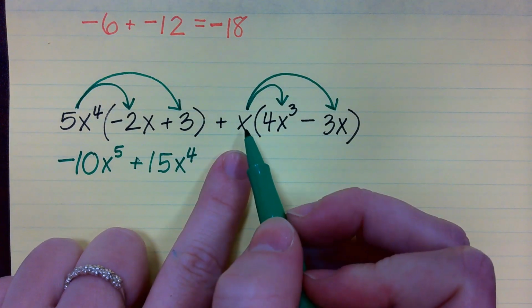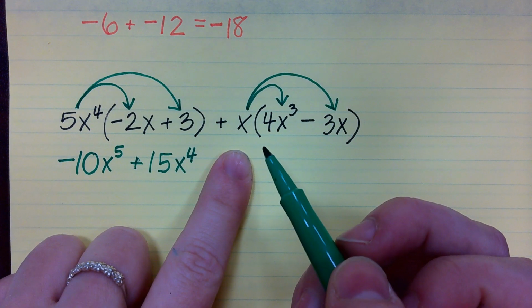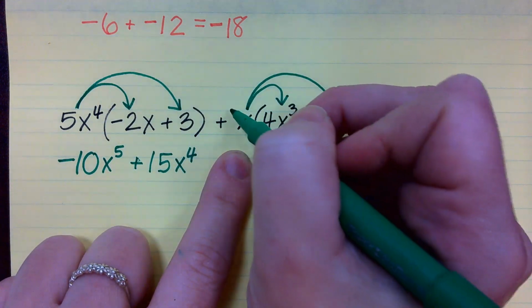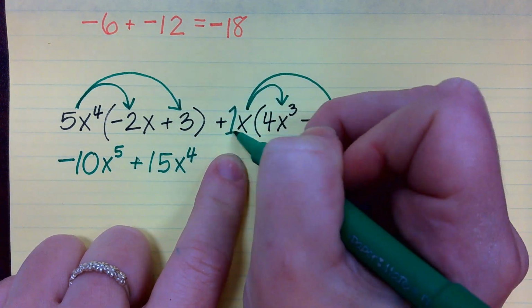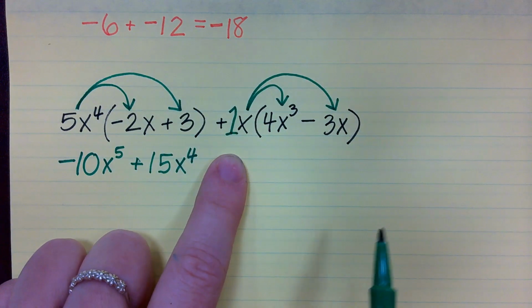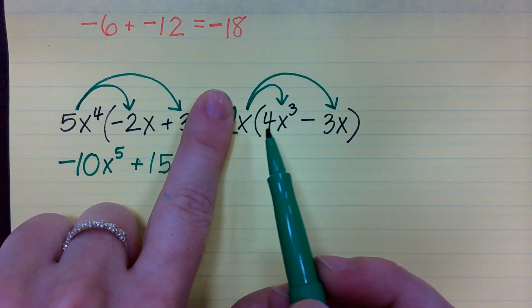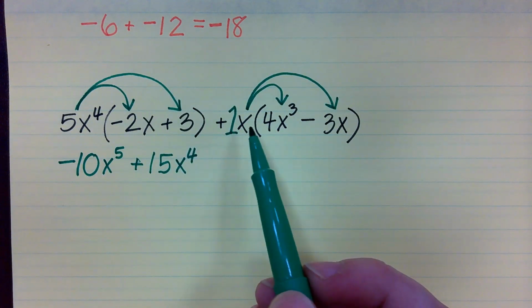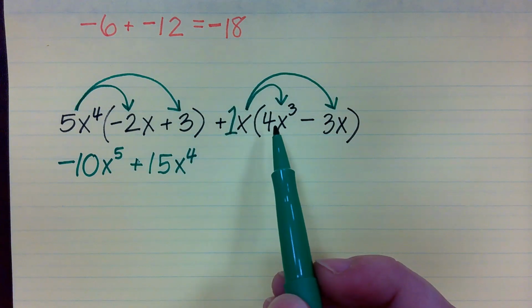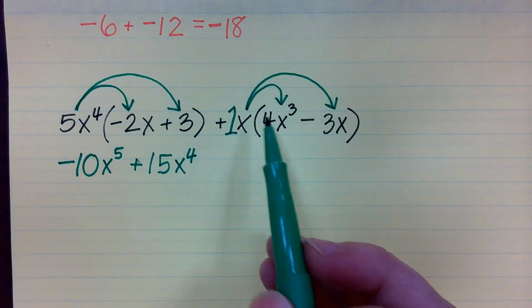So guys, let's think about what's happening here. Whenever we have a variable by itself, like x, we know that means there is one x here. If I asked you, how many x's do you see right here? 1. So this is really 1x. What is 1 times 4? 4. We don't change that to 5.